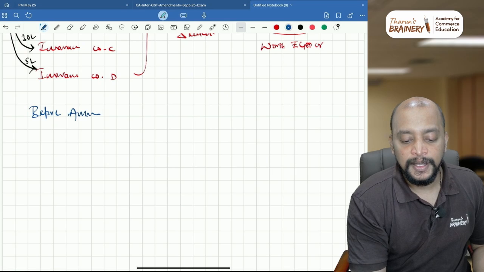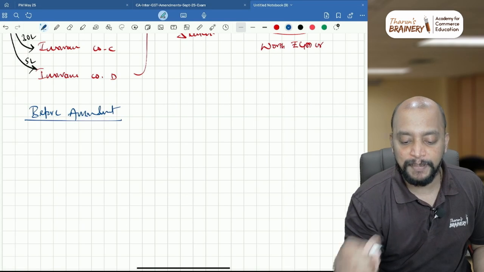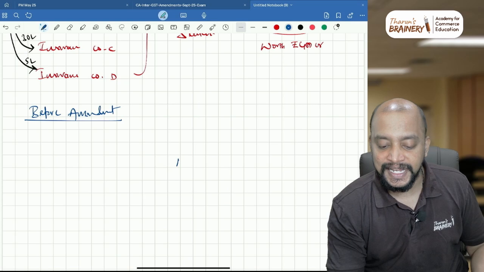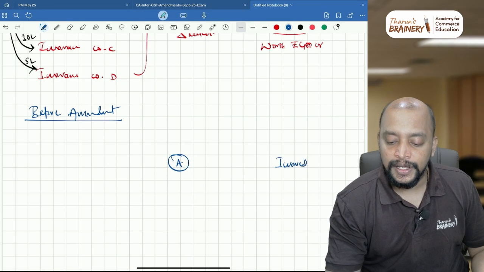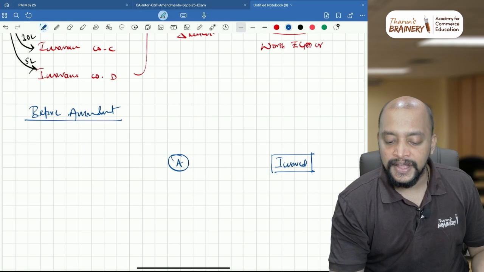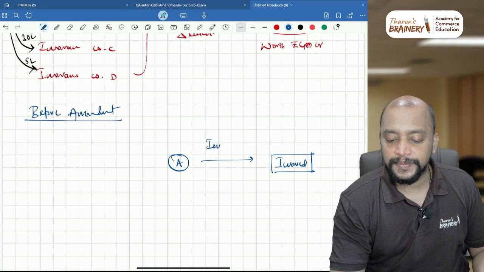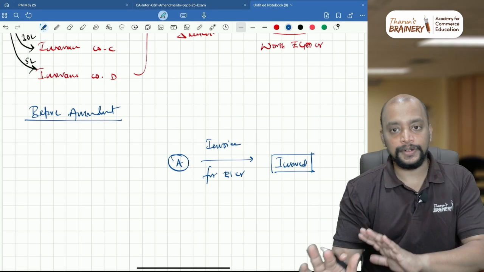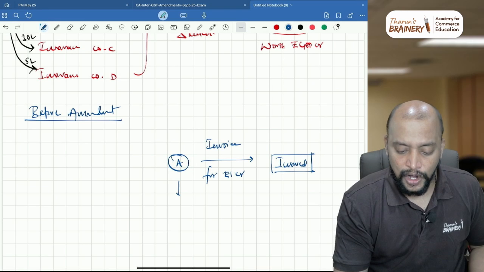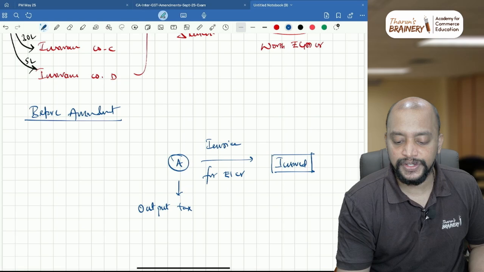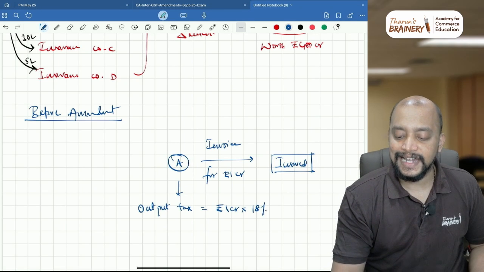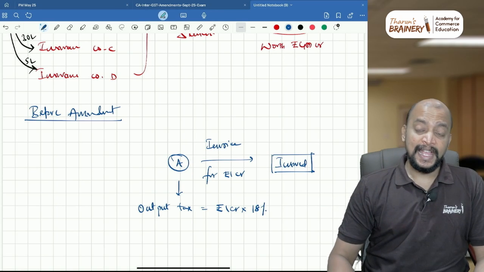Before the amendment, what used to happen is that insurance company A and there will be the insured. Insurance company A will raise an invoice for 1 crore, and accordingly their gross liability, output tax, if you see, 1 crore into GST, let's take 18%, they used to pay.